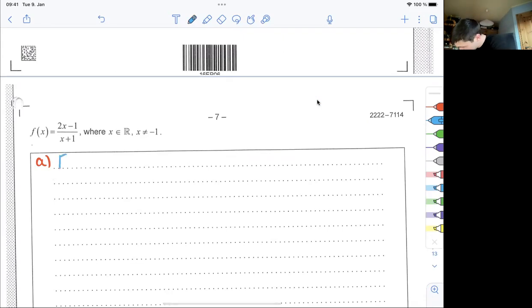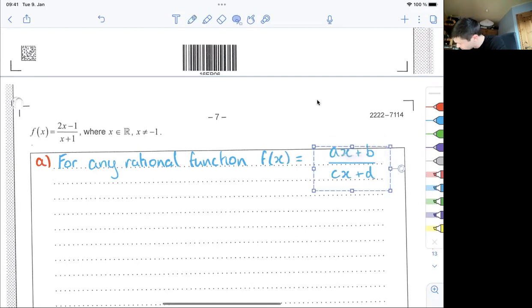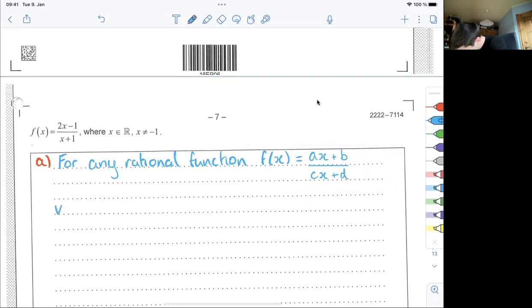For any rational function, f(x) = (ax + b)/(cx + d), our vertical asymptote is x = −d/c.